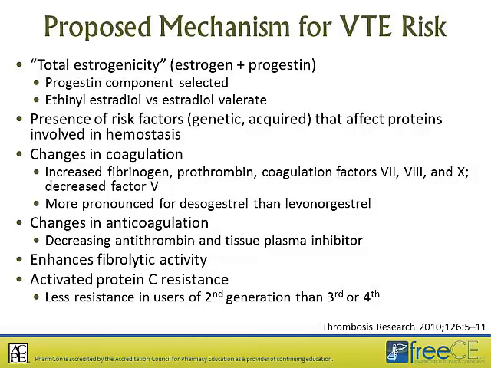Now, there are also risk factors, either genetic or acquired, that can affect proteins involved in hemostasis. Combined contraceptives can cause changes in coagulation that can attenuate the prothrombotic state that could be induced by pre-existing genetic conditions in a synergistic way.